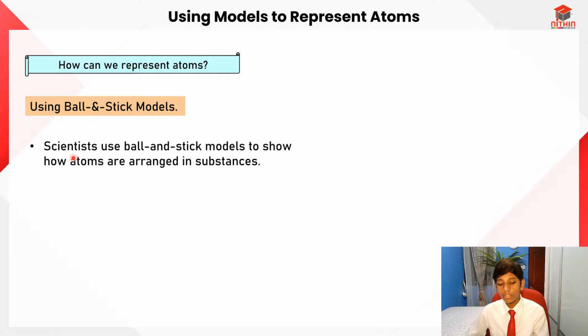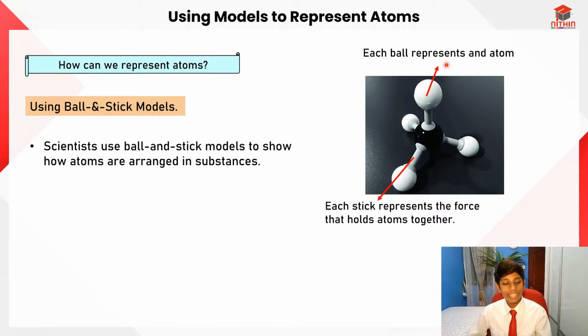Scientists use ball and stick models to show how atoms are arranged in the substances. This is an example of a ball and stick model. Each ball represents an atom and each stick represents the force that holds atoms together.